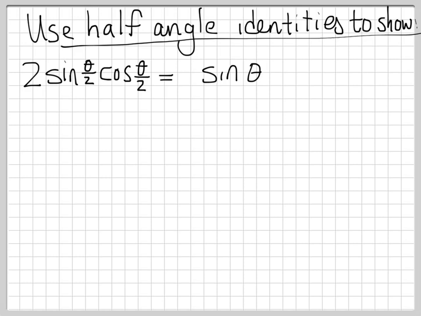Lastly, we've been doing a lot of identities, right? And so let's use the half-angle identities to show that 2 sine of theta over 2 cosine of theta over 2 equals sine theta.